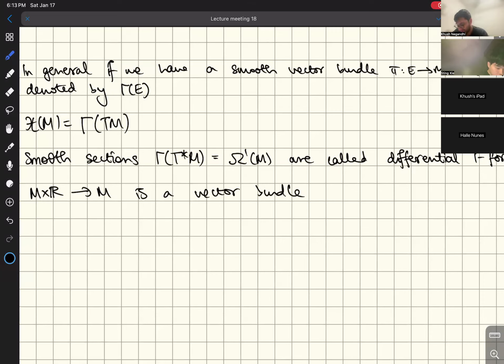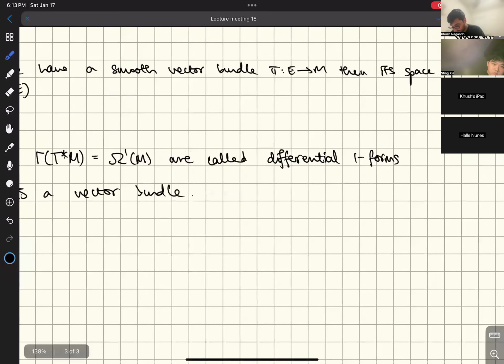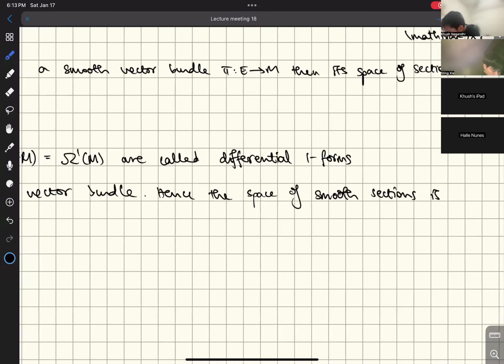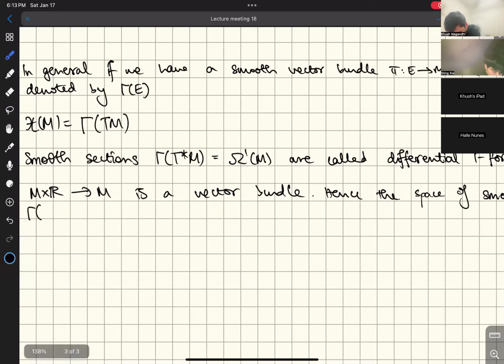This space of sections is precisely functions from M into R. Hence, the space of smooth sections is equal to the space of smooth functions.